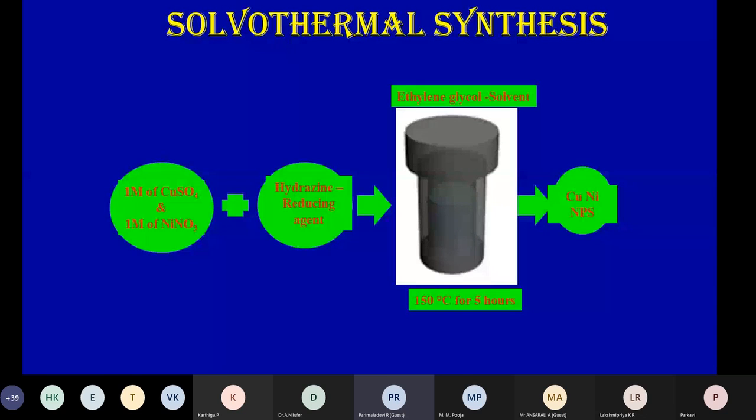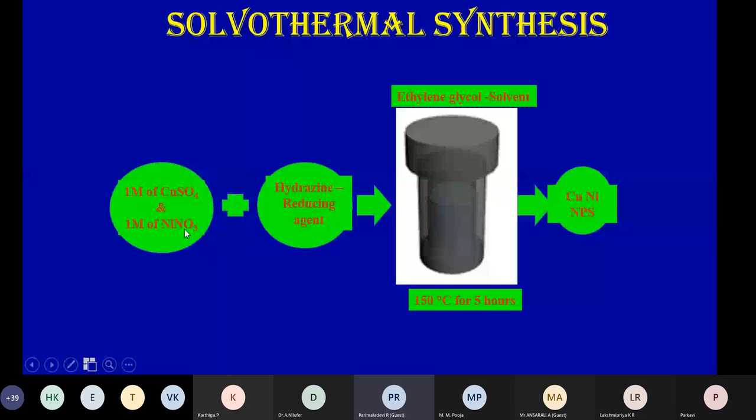For that we take appropriate amounts of copper sulfate and nickel nitrate, and add sodium hydroxide. Here we use hydrazine, which acts as a reducing agent. When you add it, the copper sulfate is reduced into copper and the nickel nitrate into nickel. This was mixed and stirred for 2 hours.